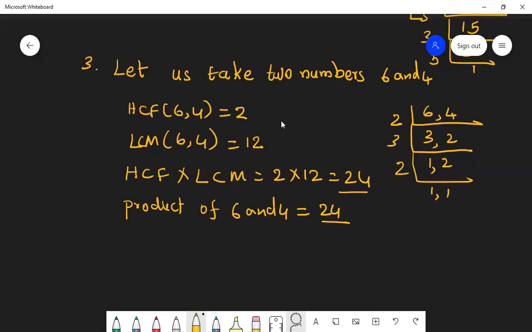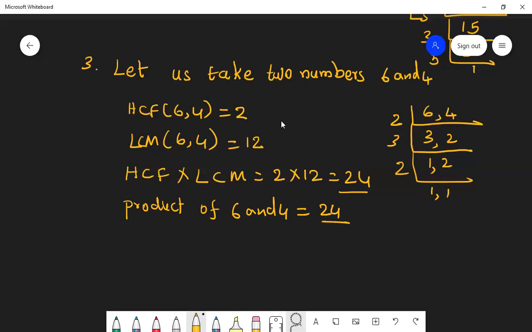So today we learned three basic concepts which are required for finding the answers for the questions given in exercise 1.2 from the chapter real numbers. What are those? First one, fundamental theorem of arithmetic. Every composite number can be written as the product of primes, and this prime factorization is unique apart from its order.